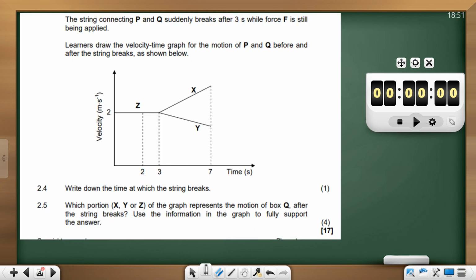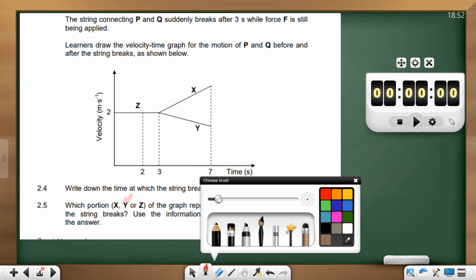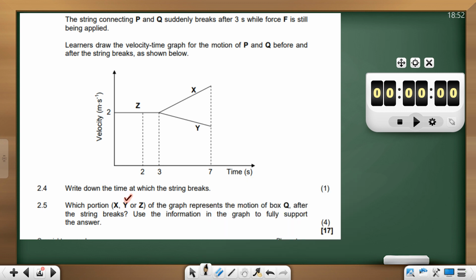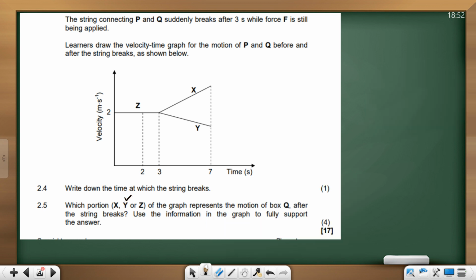Lamina says, which portion X, Y, or Z of the graph represents the motion of box X? Why? Because when the string breaks, the answer will be Y. When the string breaks, the only force acting on Q is, what?